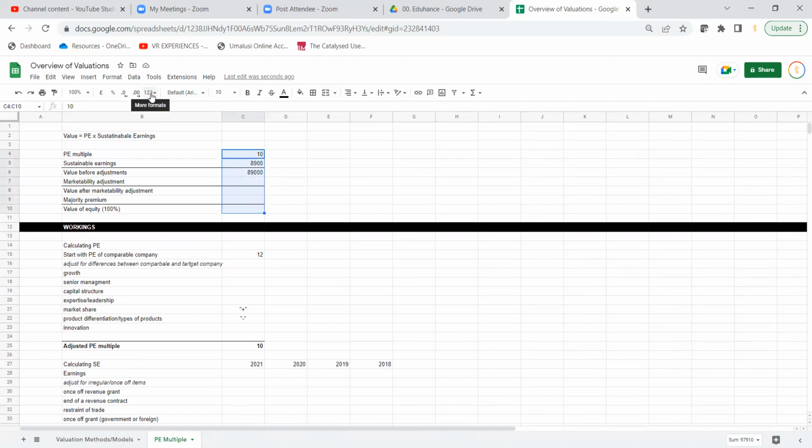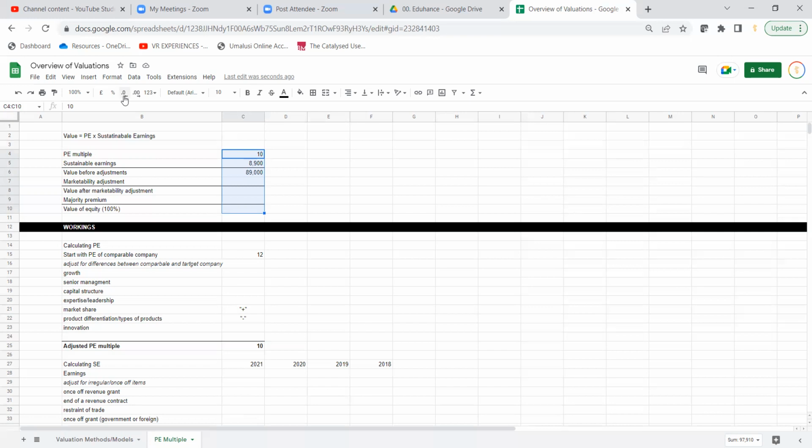But now, we have a marketability discount. Why do we have a marketability discount? Because the comparable company is a listed company, and the target company is a private company. Now, a listed company is more marketable, meaning it's easily tradable because it's listed on an exchange like the JSE.